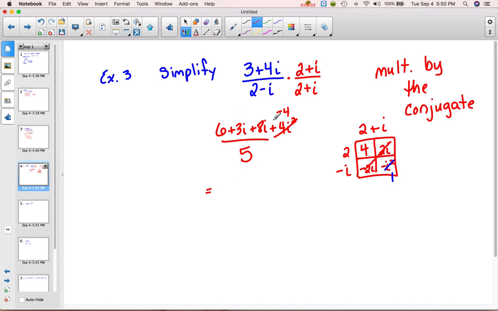So I'm going to have 6 minus 4 is 2 plus 11i all over 5. Now, that's fine to have your answer like that, but remember that this is the preferred format of an answer when you have complex numbers. So I'm going to split this apart and have 2/5 plus 11/5 i, and now it's in that format.